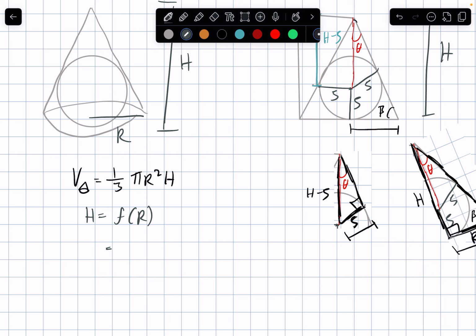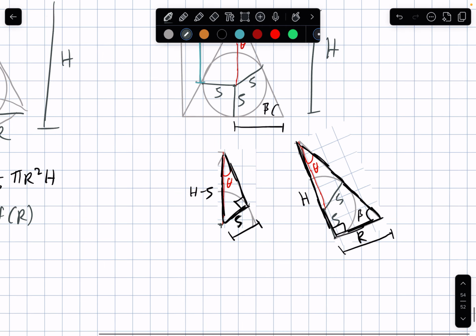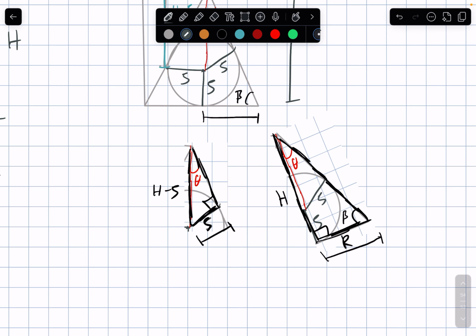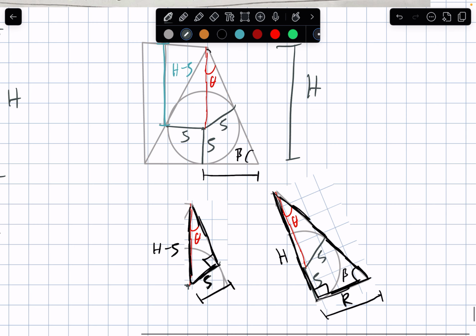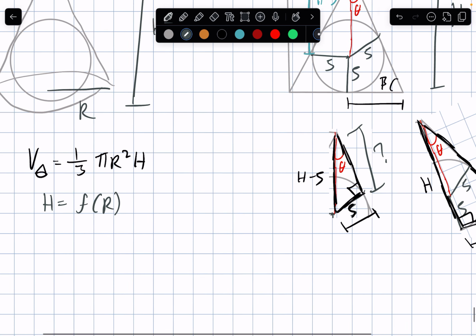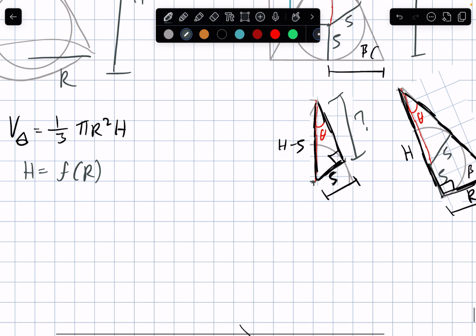So how do I do that? This measure is missing. So let's try to find that value. Let's say that's equal to x.